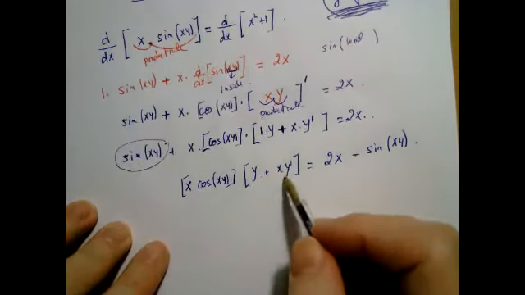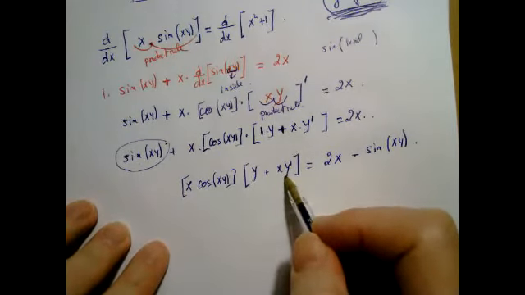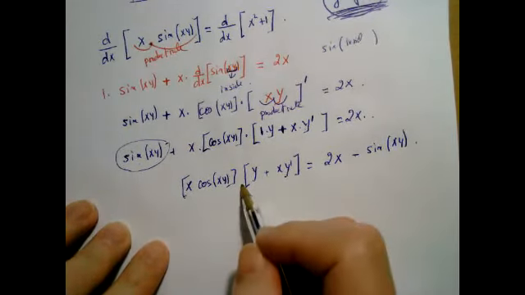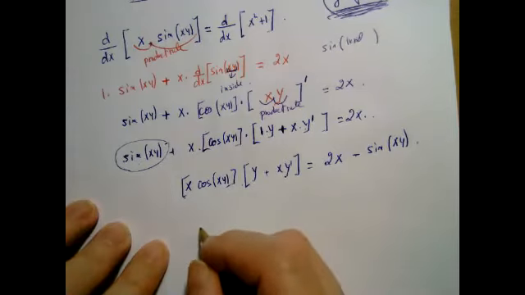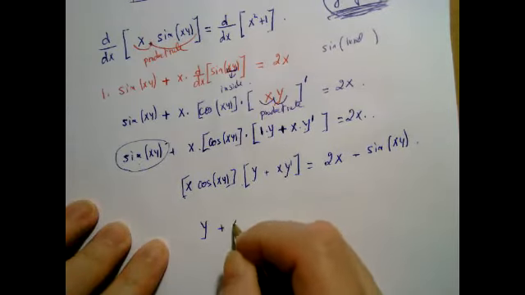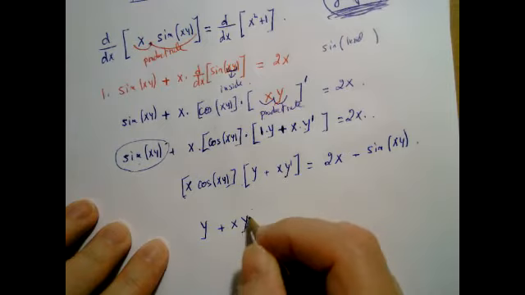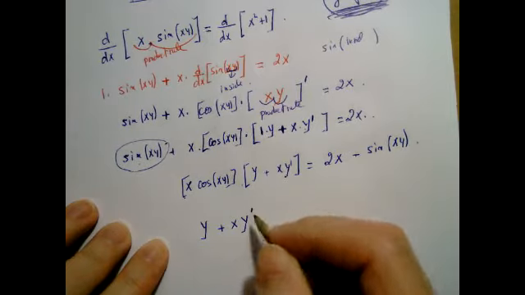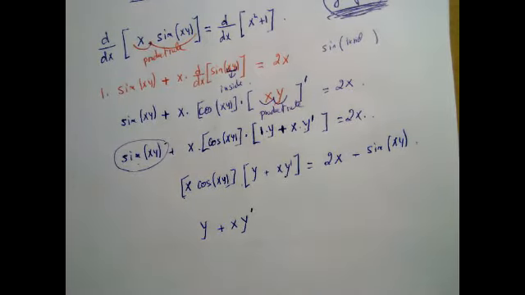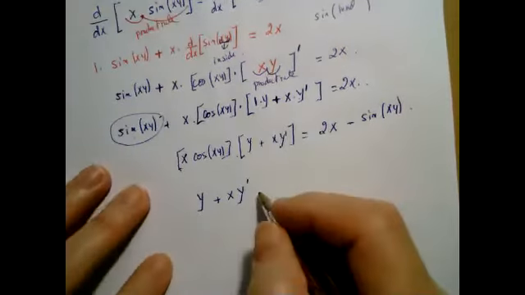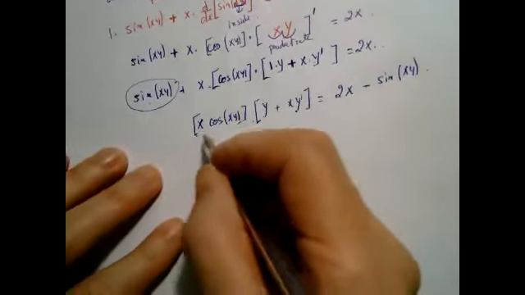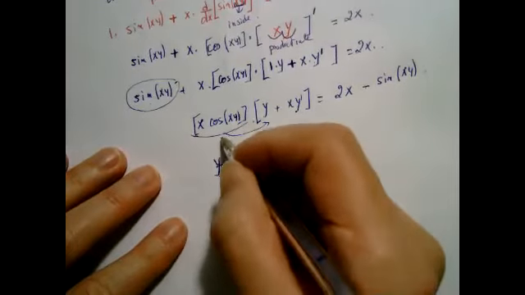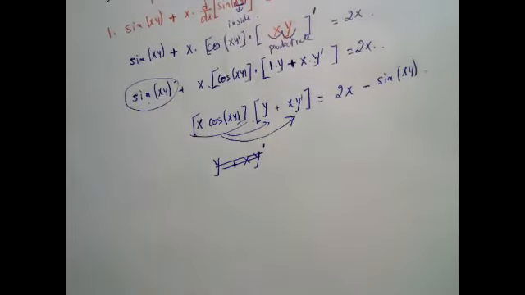Okay. I need to remember, I need to isolate y prime. I can divide by x cosine xy on both sides. Actually, if you want it easier, you can distribute and then you can isolate.